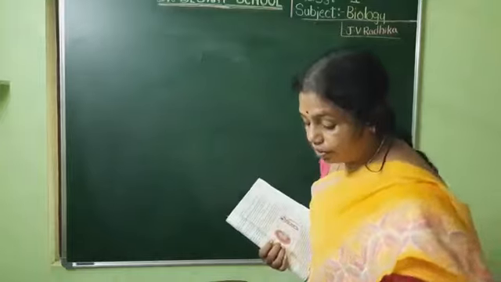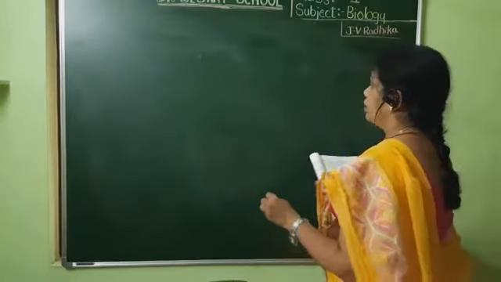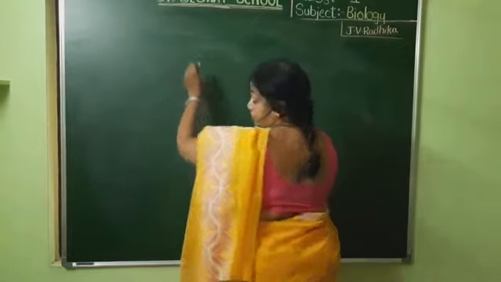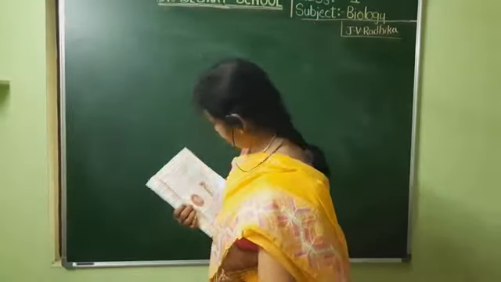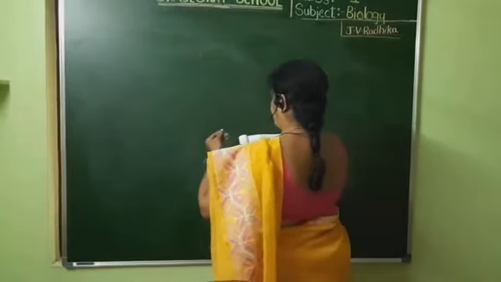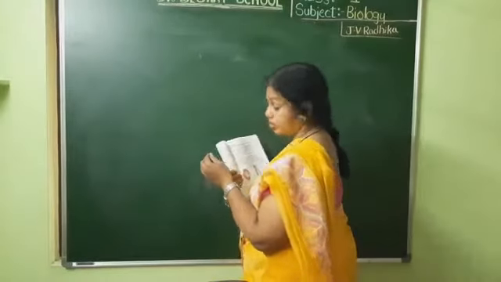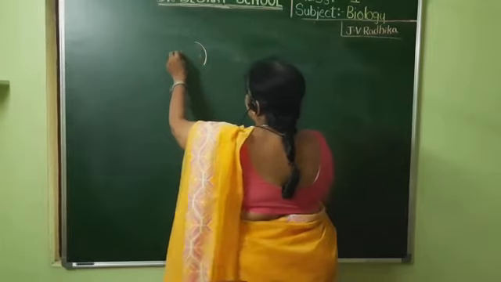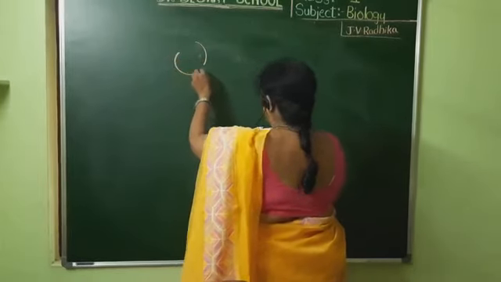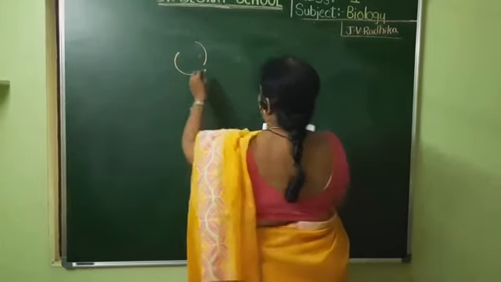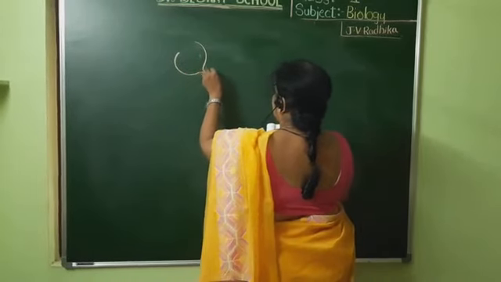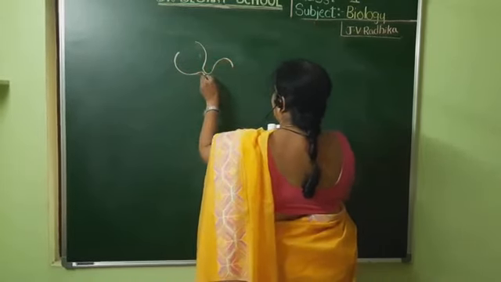Please complete the diagram along with me. Here first I draw, this is a pretty complicated one, but I make it very simplified for you all so that you don't have any problem. So first I am drawing the Bowman's capsule. Observe carefully.